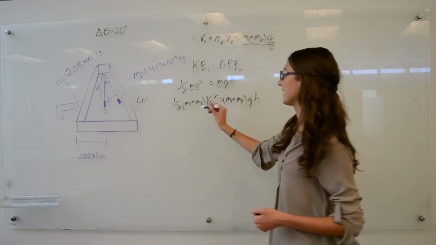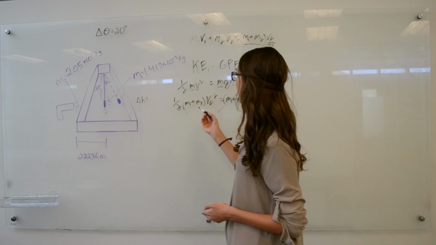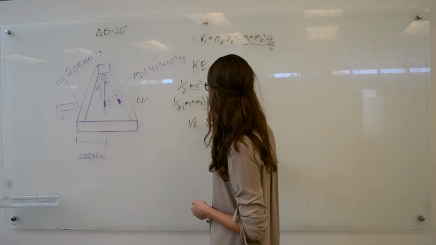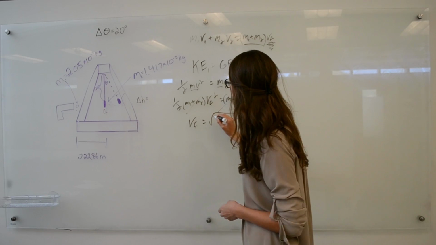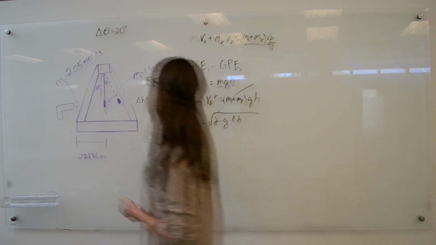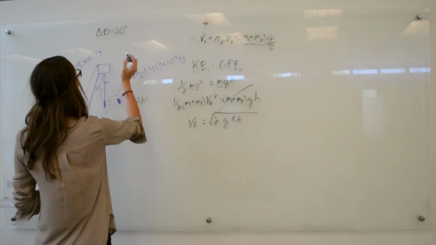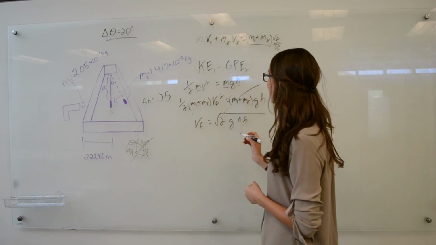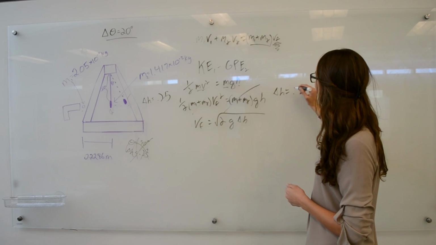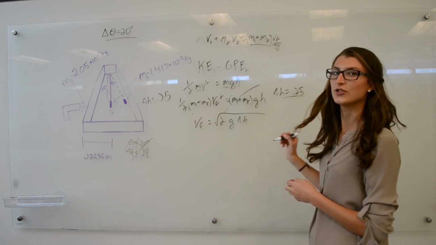Alright, so we know the masses cancel. We solve this like an energy equation. We know that Vf equals the square root of 2g delta h. And we found delta h here, so we just plug in the numbers. We know that delta h is equal to 0.25 meters just from measurements.